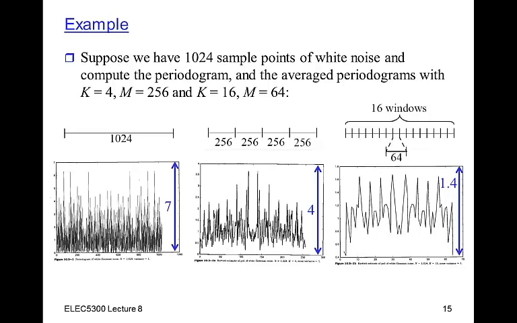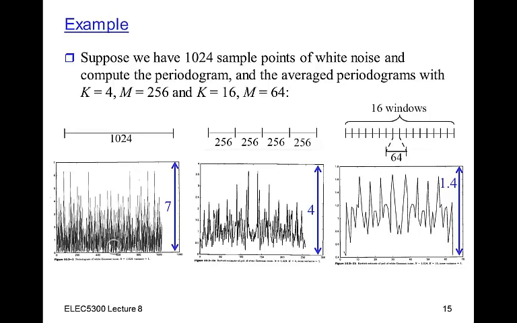Let's illustrate that process. Suppose that we have 1024 points. One thing we could do is put all of them into one periodogram and take the Fourier transform of that. We get the Fourier transform at 1024 different frequencies, but you can see it's a very, very noisy estimate.